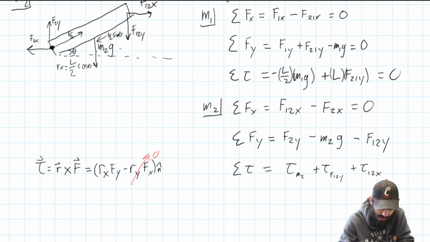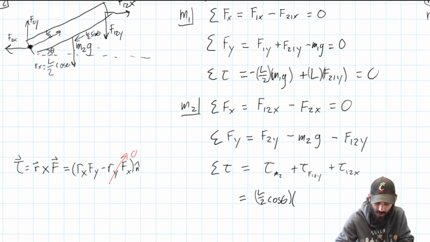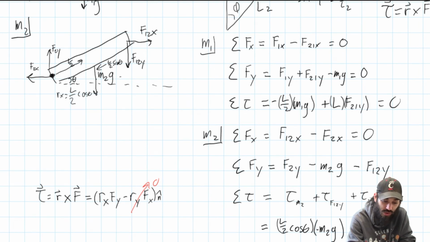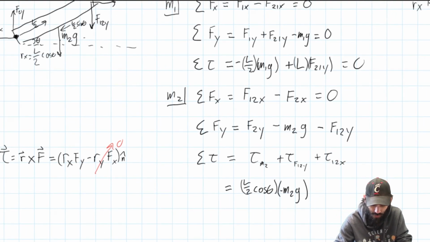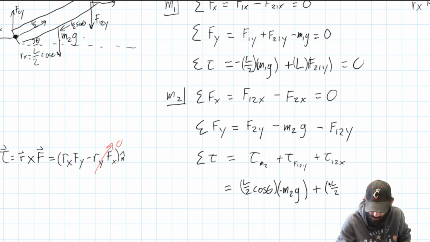Well, Rx is going to be equal to L divided by 2 times cosine of theta times our Fy, which is going to be M2g. And we have a negative sign because it's pointing down, right? We follow the same argument for F12y. This is going to be plus L over 2 times, sorry, this is L.